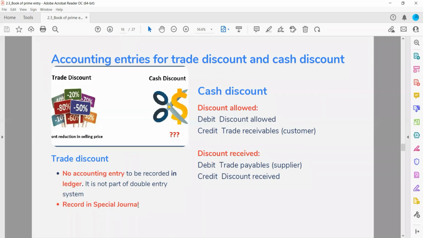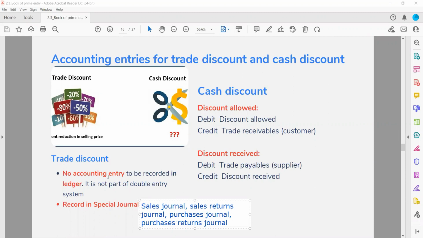The journals that we learned just now: sales journal, sales return journal, purchases journal, and purchases return journal. So these are the 4 books in which we record the trade discount transaction.